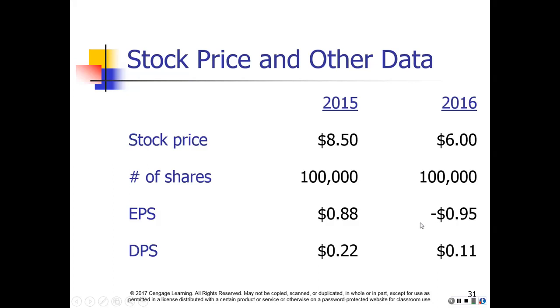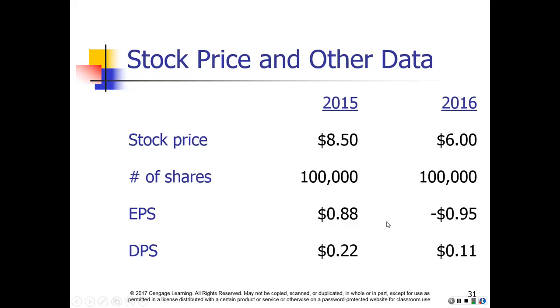If we look at the income statement again, we will see that in 2015, net income was 87,960. Let's take 87,960 and divide it by 100,000, and you get 0.87960, or 0.88 if you round it up to cents.